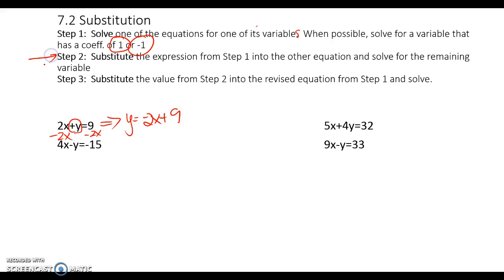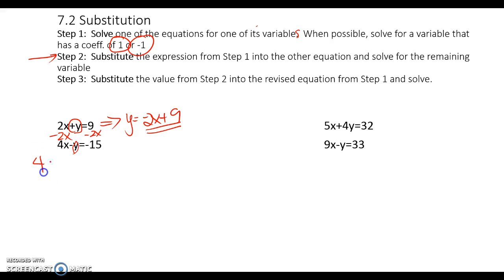Step 2 says, substitute the expression from step 1 into the other equation and solve for the remaining variable. So in the other equation, wherever there's y, I can substitute negative 2x plus 9 because they're equal to each other.